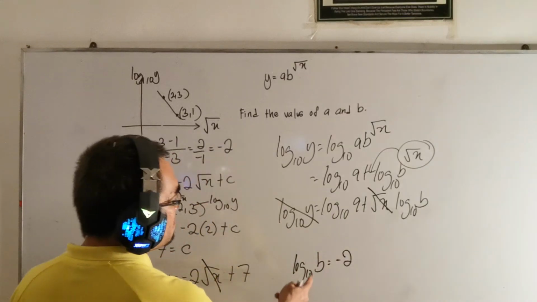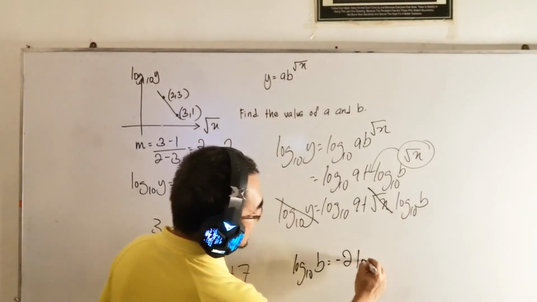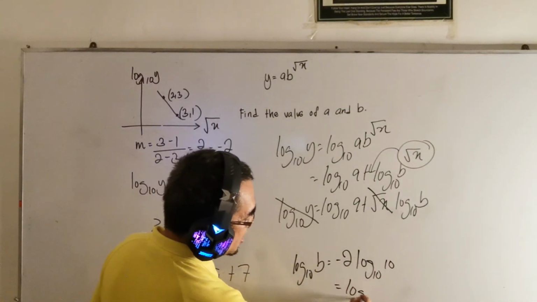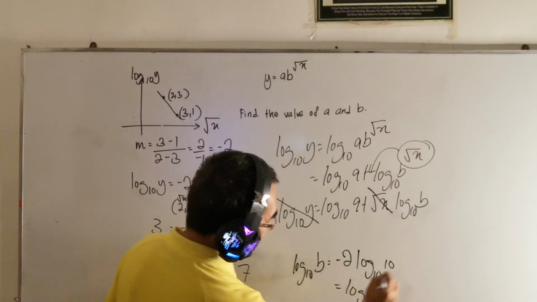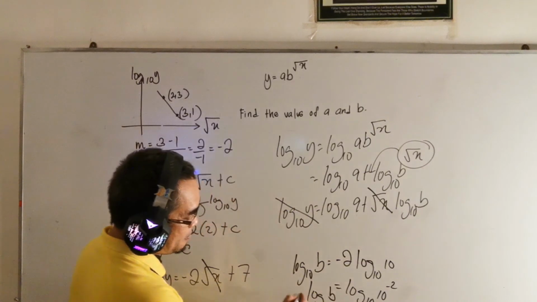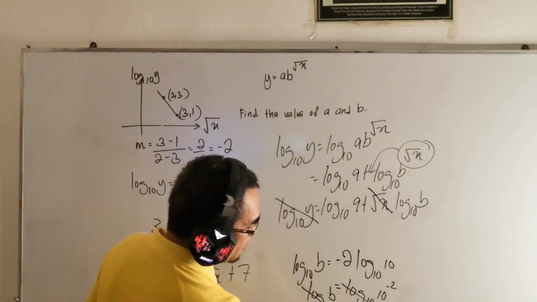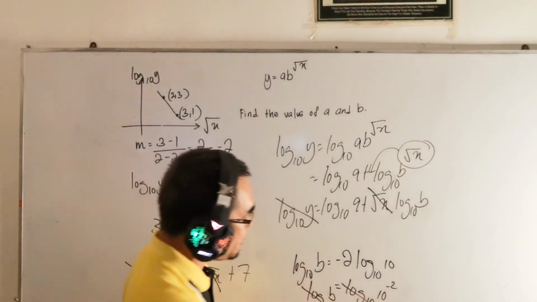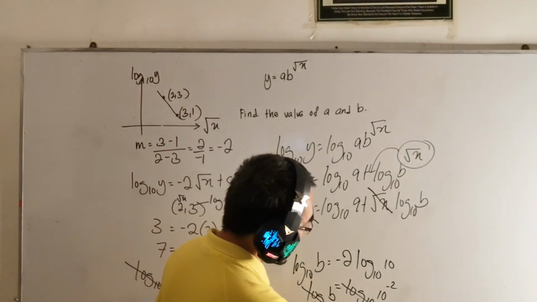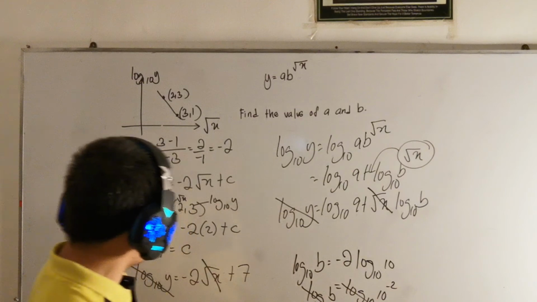I like to solve my equation by writing log 10 at the back here: log 10 to the power of negative 2, and on this side we have log 10b, because I like to cancel log 10 with log 10. So the value of b is 10 to the power of negative 2, which is 1/100 or 0.01. That is the value of b.